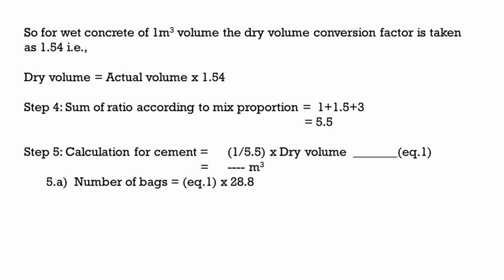That is, number of bags in 1 meter cube of concrete comes to 1440 kg divided by 1 bag of cement, that is 50 kg. That is 1440 kg divided by 50 kg for 1 bag. We will get it as 28.8. Understood, friends? Now we will get this in terms of number of bags.